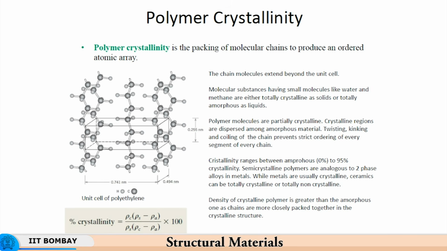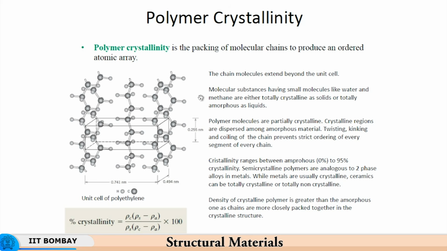So that is the reason why the density of the crystalline polymer is much higher than that of an amorphous polymer. So percentage of crystallinity can be calculated from this expression over here. So rho C into rho S minus rho A upon rho S into rho C minus rho A.